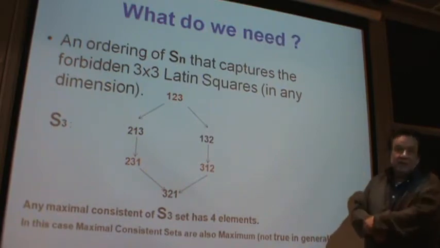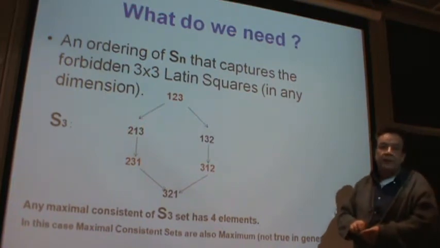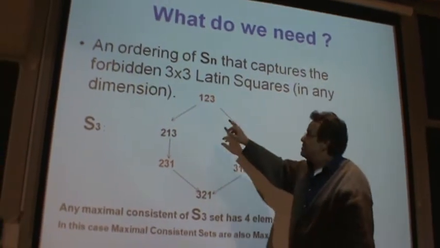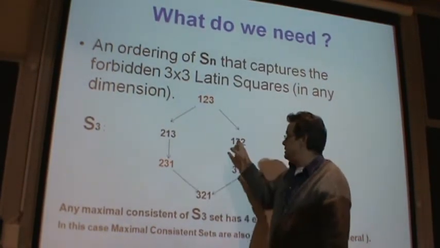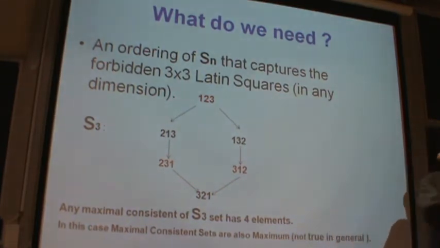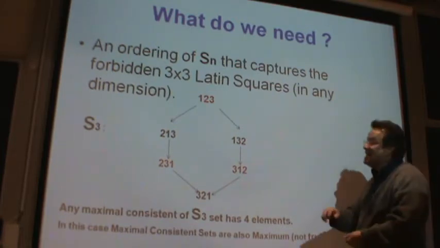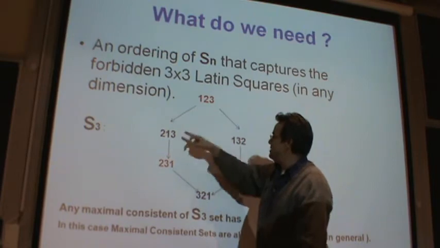So if you look at this in this way, where are the 3 by 3 Latin squares? Like this, this. And this, that. There's no more to it. Now, what is the largest possible set that does not contain either this or that?